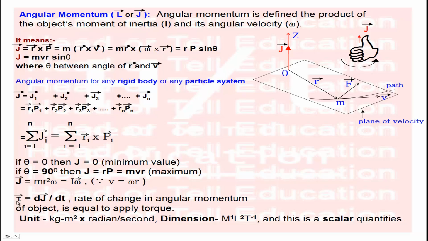Now torque equals dJ by dt, meaning the rate of change of angular momentum is equal to torque. The unit is kilogram meter square radian per second and the dimension is mass to the power 1, L to the power 2 and T to the power minus 1, and this is a scalar quantity.